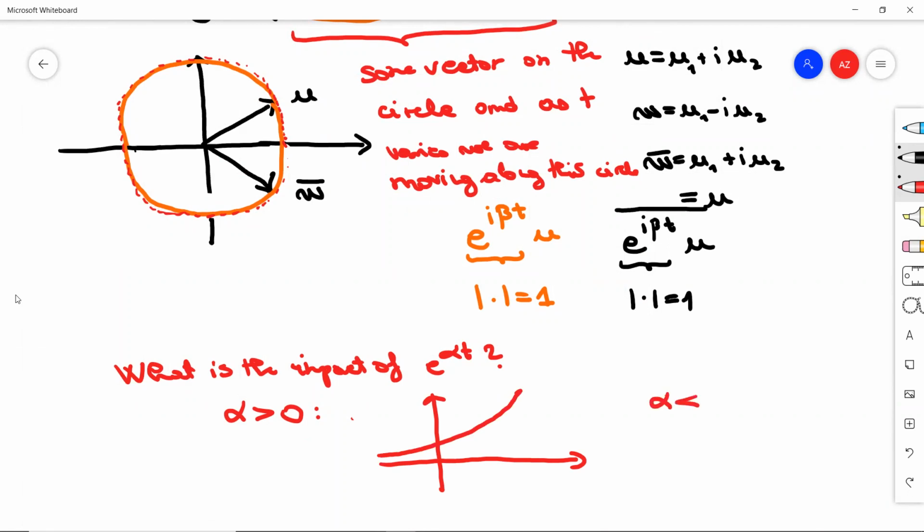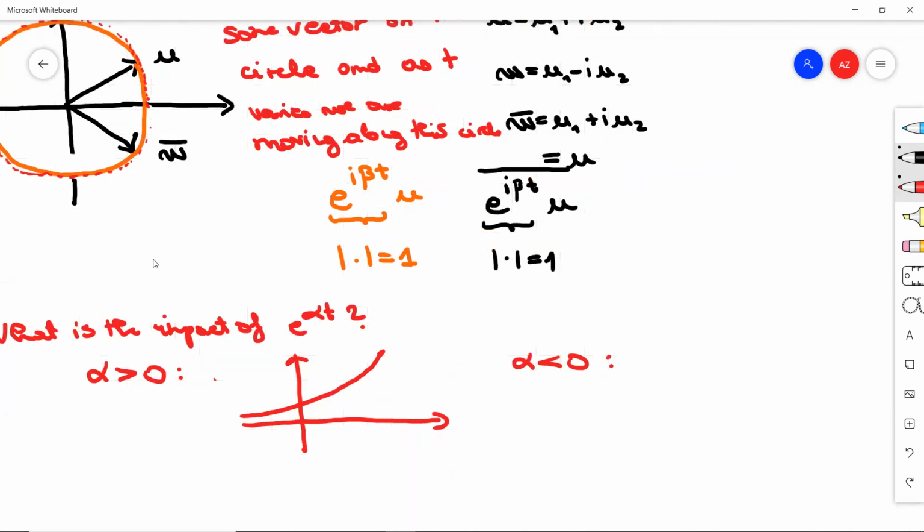If alpha is smaller than 0, then what's happening is the opposite behavior. So the exponential function is falling.